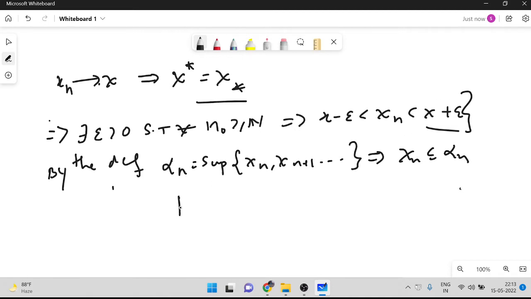Similarly, beta n equals the infimum of xn, xn plus 1, and so on, which implies beta n is less than or equal to xn.